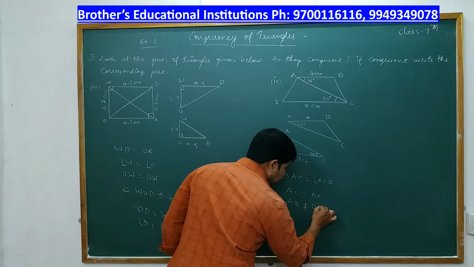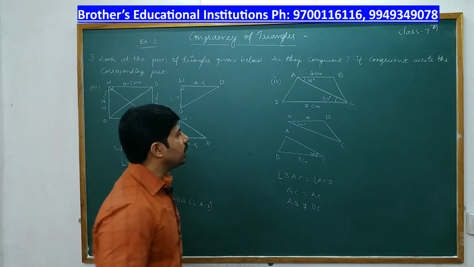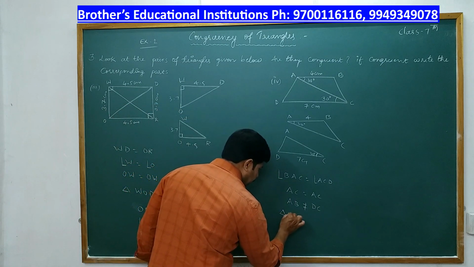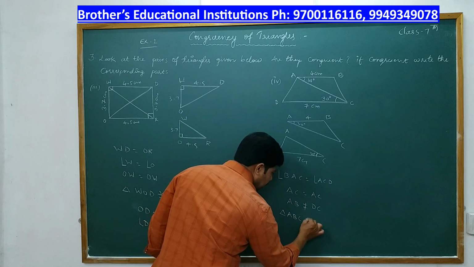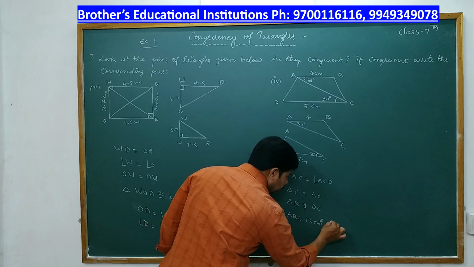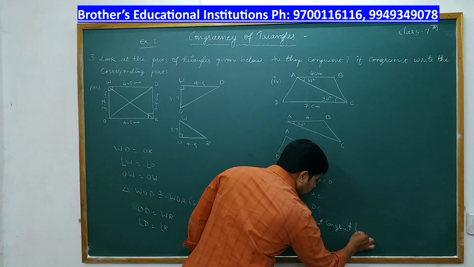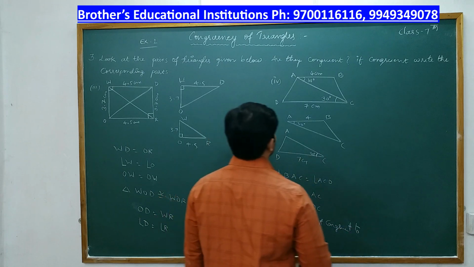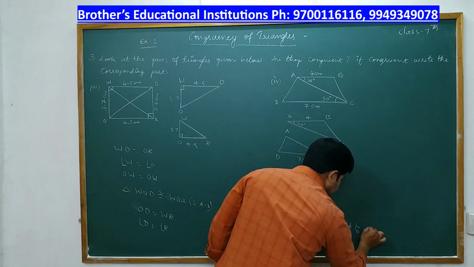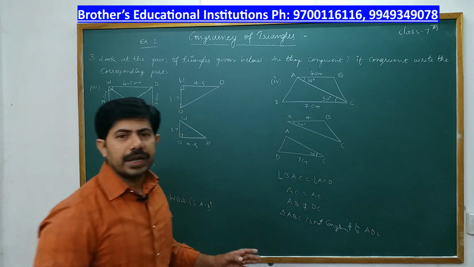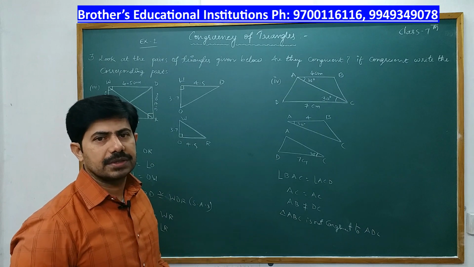Therefore, what we can say is triangle ABC is not congruent to triangle ADC. As they are not congruent, we won't get any corresponding parts. This is completed.